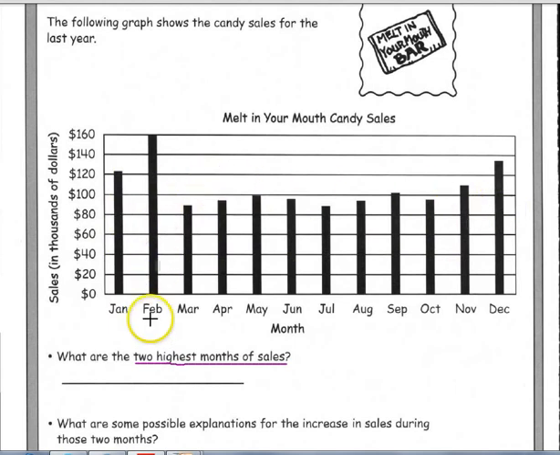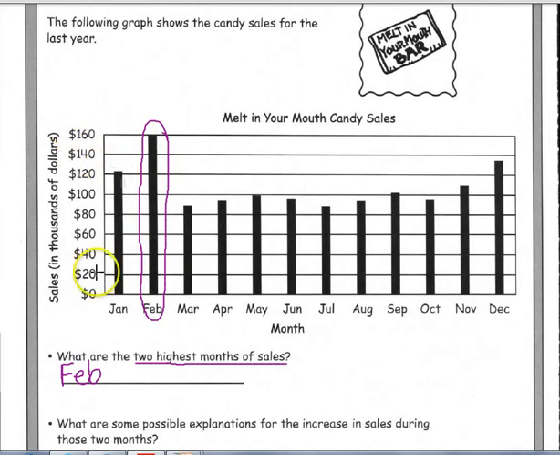Well, we only have one that reaches all the way to the top, and obviously, one of them is definitely February. So I can say February is 1. So the higher that the bar is, obviously, the more money that they made.